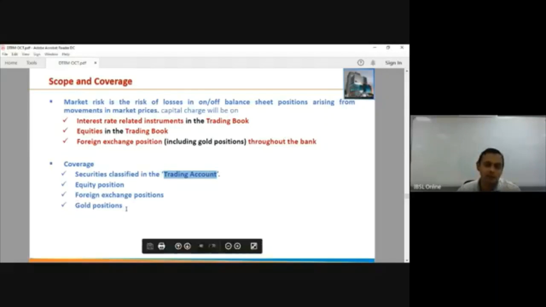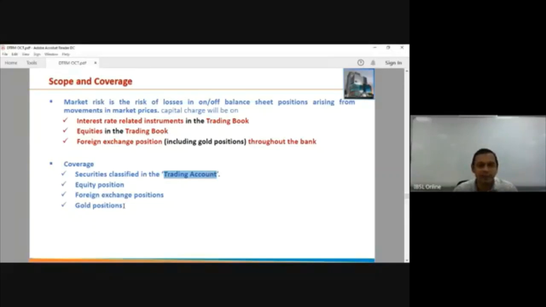And the gold position. Now, gold position, again, is computed within the foreign exchange position, right? So there's no separate item for gold price risk. Depending on the price movement of gold in the world market, there could be situations where banks are exposed to risk. That's what happened, I think, in 2012 in Sri Lanka.